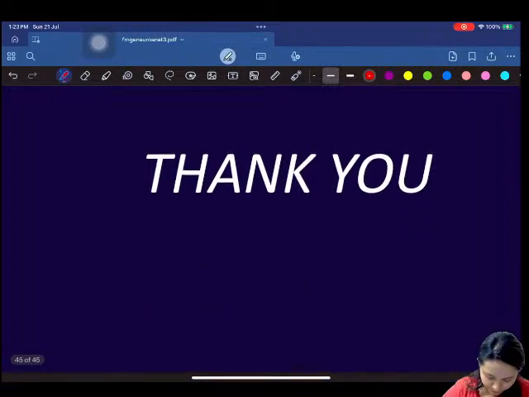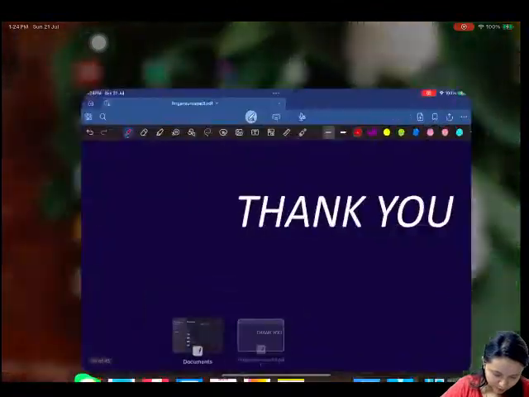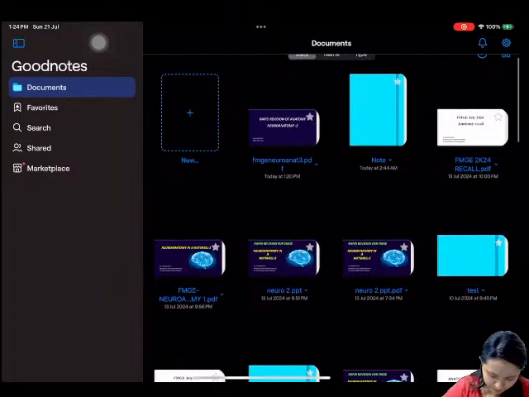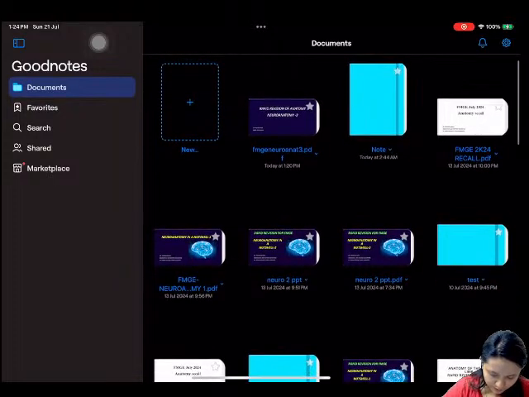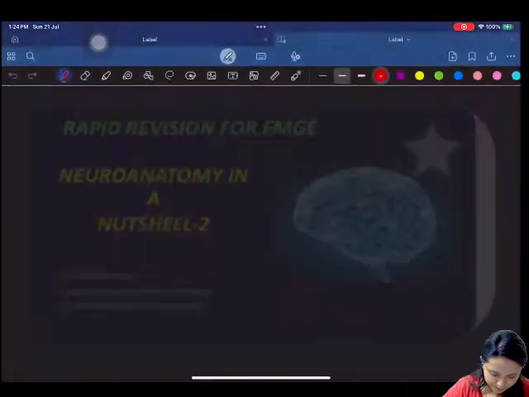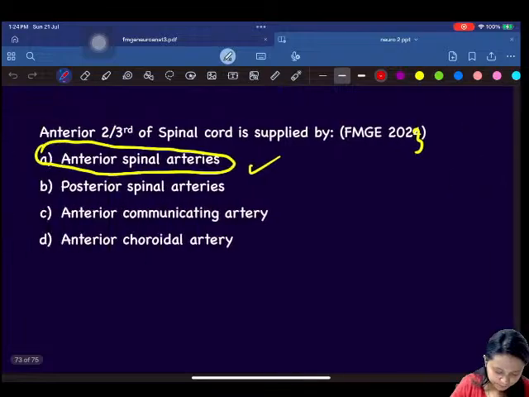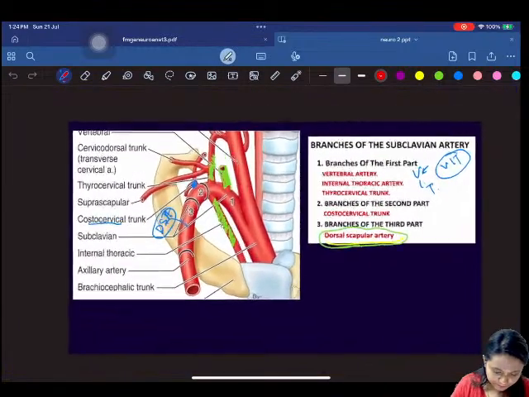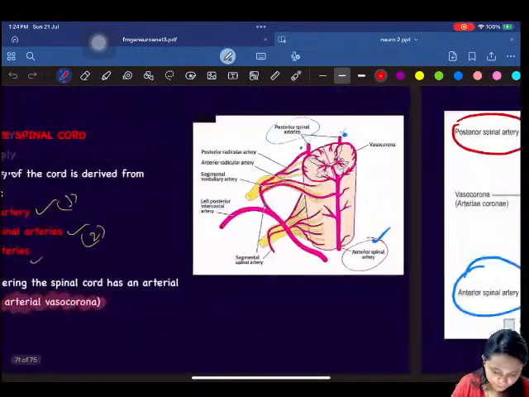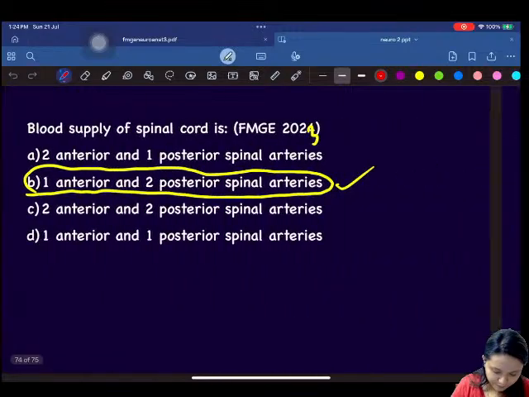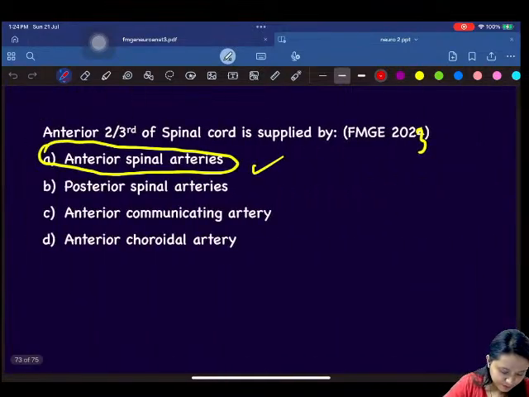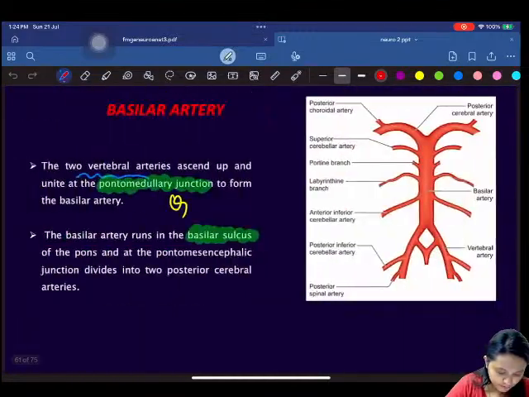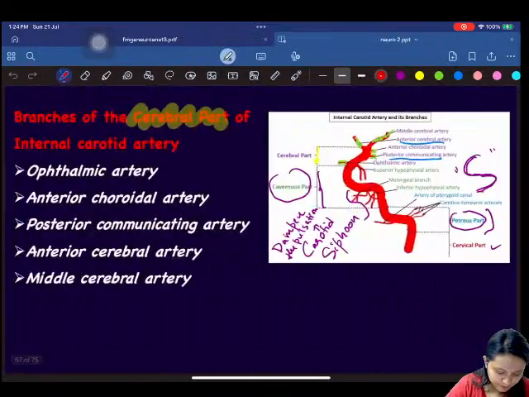So I think I have taught you about the levels in one of the classes, maybe in the neuroanatomy it has been discussed. I think I have discussed the levels of spinal cord in one of the classes, so you should go through that, okay, because they used to ask many questions on these levels.